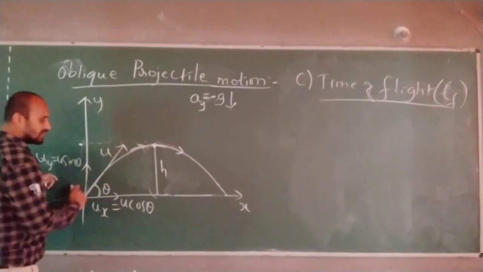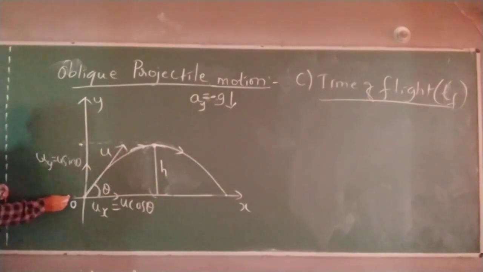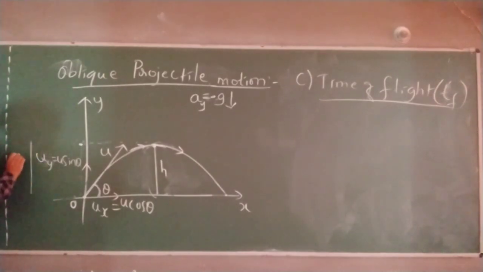If you look along the y-axis, what is happening? The particle will go up to height h, and again it is going to come down. Correct now? The particle will go up to height h, and from height h it is going to come down.